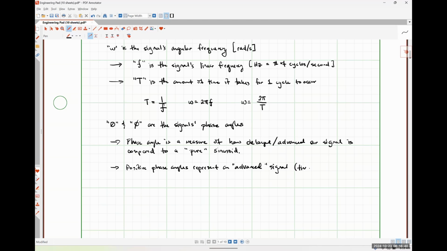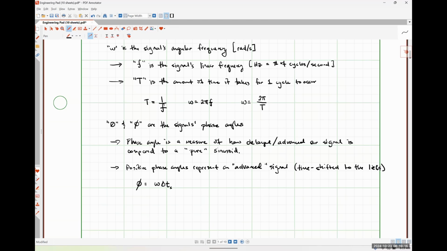So I'm going to put time shifted to the left, and our phase angle, actually, it should be phi because that's our advanced signal, is going to be simply omega times delta t sub s, right?